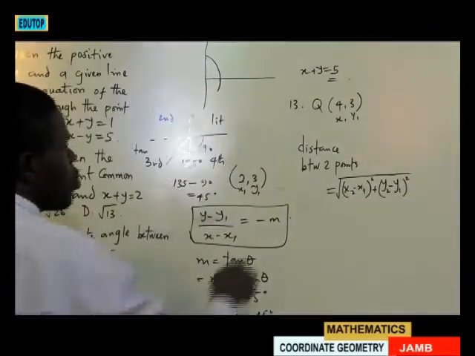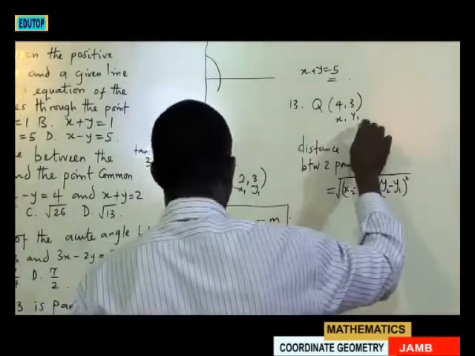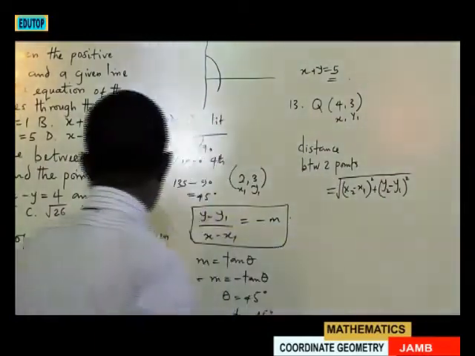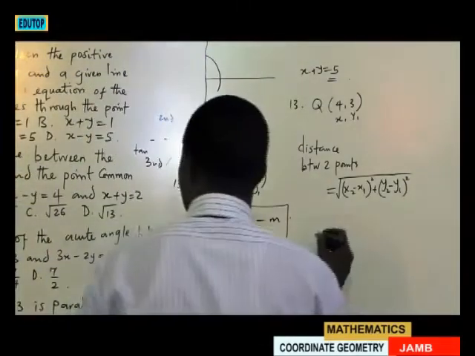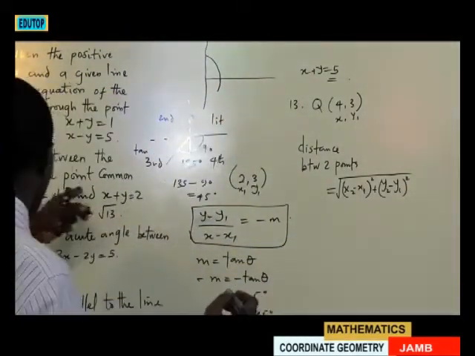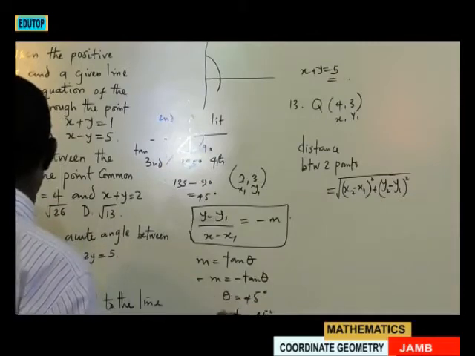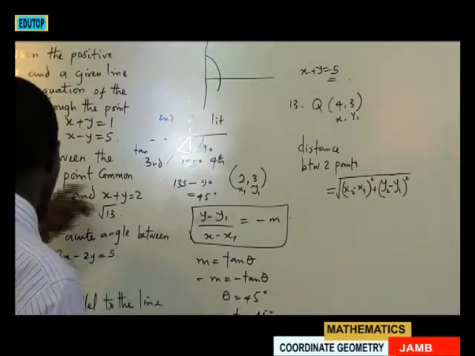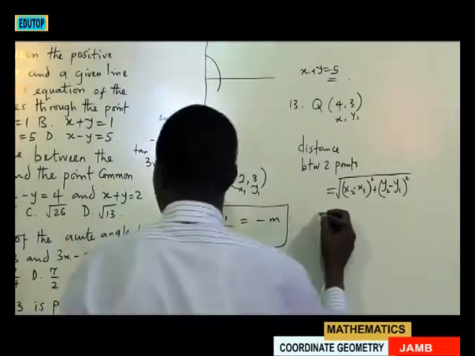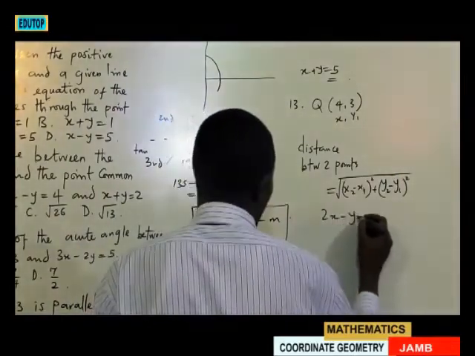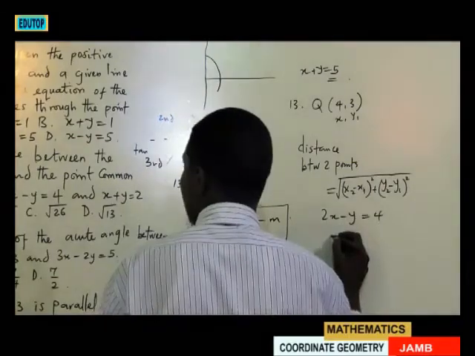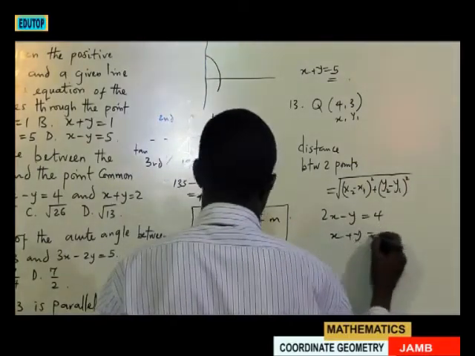Now, we have our x1 and y1, so we need to use the 2 other equations to figure out our x2, y2. We are given the point common to the lines 2x minus y equals 4, and x plus y equals 2.